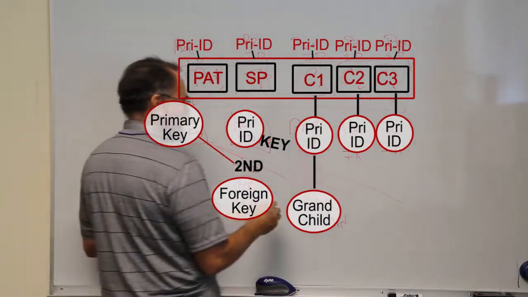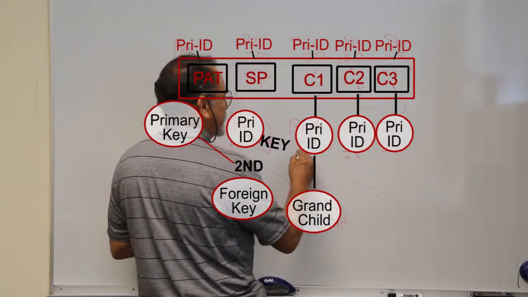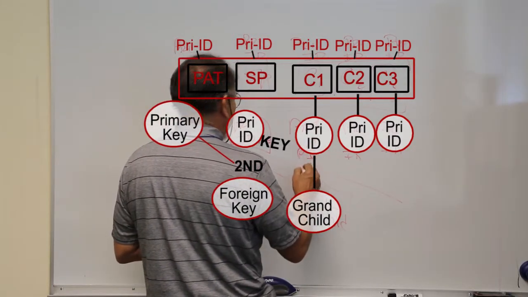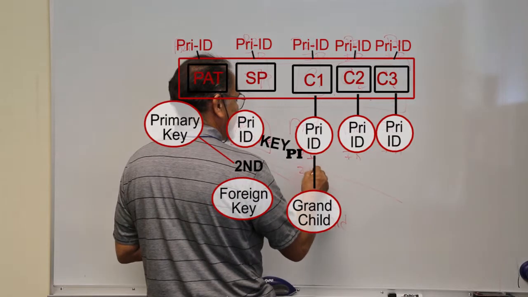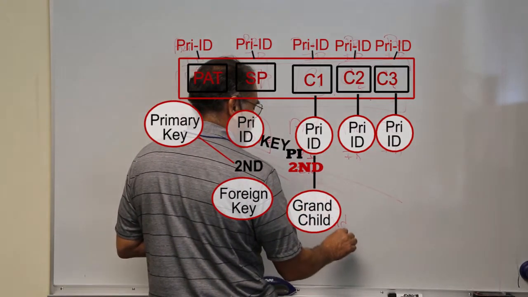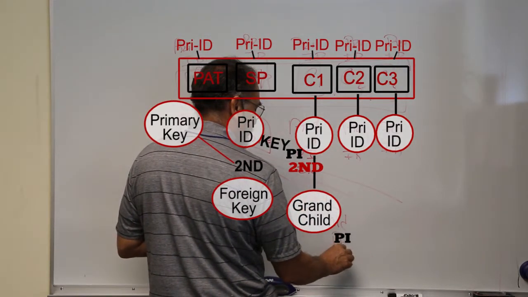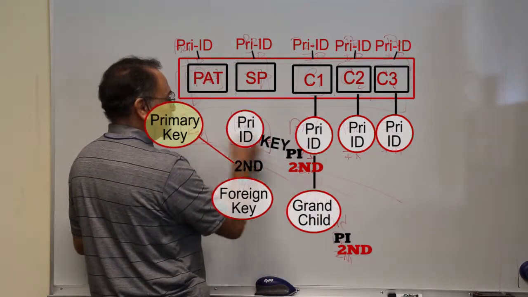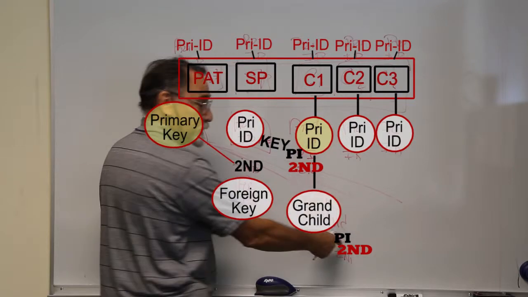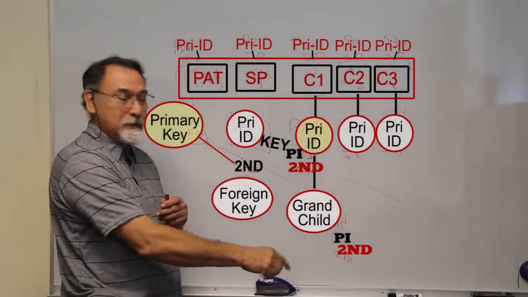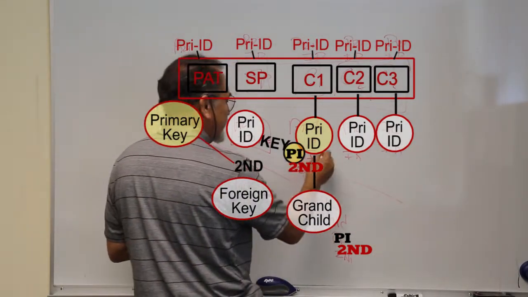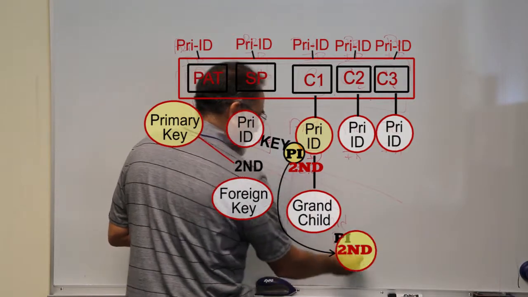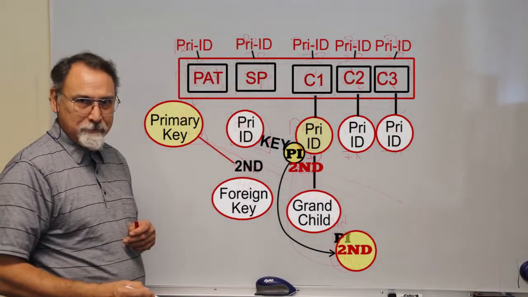So this would be the primary identifier, and it would also have a second identifier. Now this also has a primary identifier and a secondary identifier. However, remember that this one hooks up to this, and now this is going to hook up to this one. Okay? So this primary identifier here now is going to be the second identifier down here.